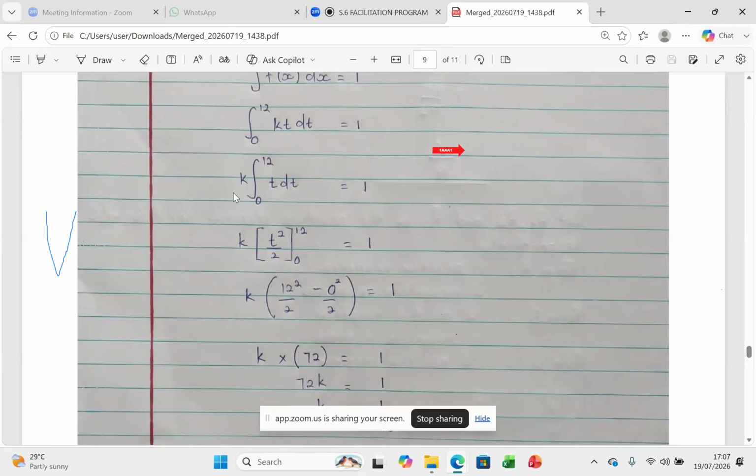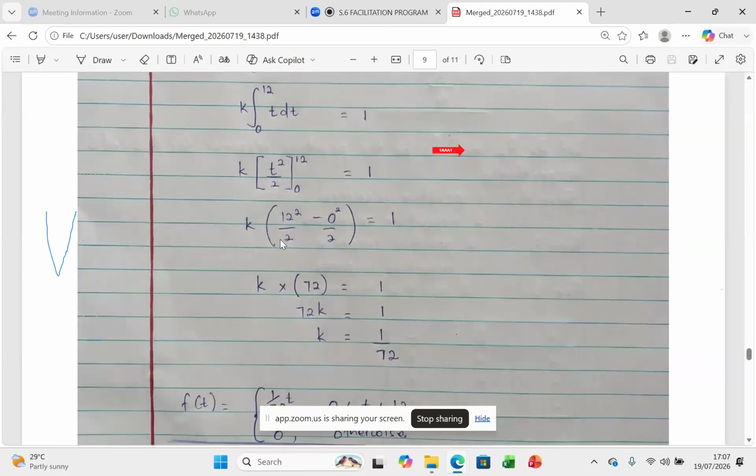Since k is the one we are finding, we first took it out of the integral. As you're integrating, you know that for the power of t, you add 1 to that power and divide by the new power, which is 2. After integrating, you substitute in the limits, the upper limit minus the lower limit.